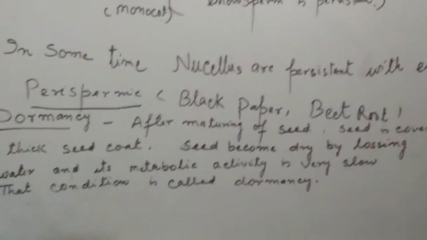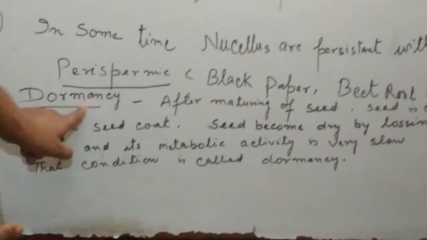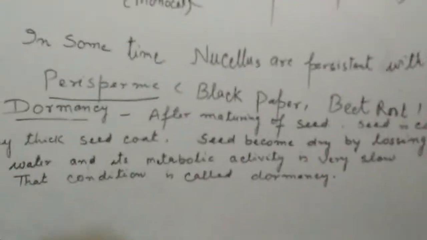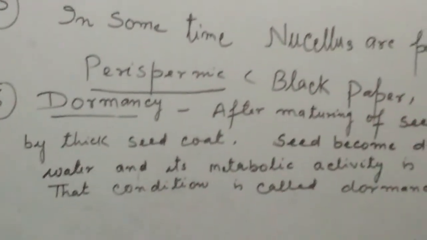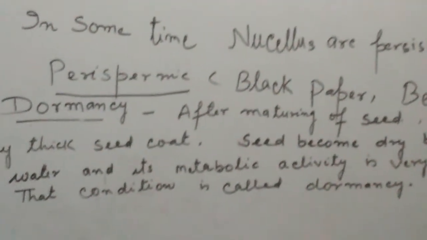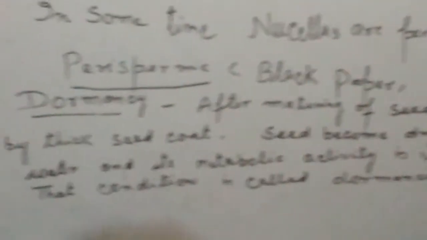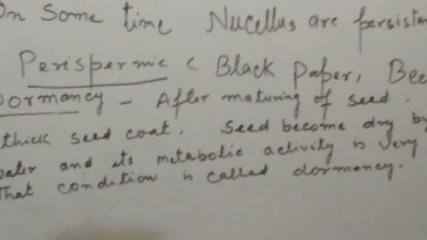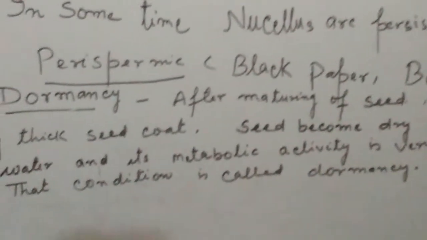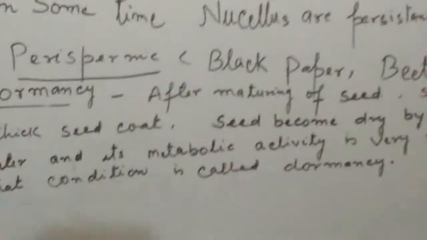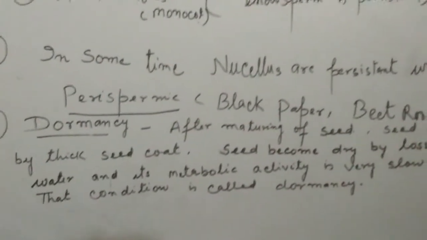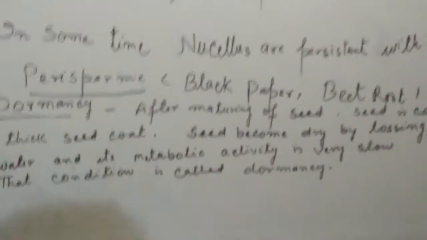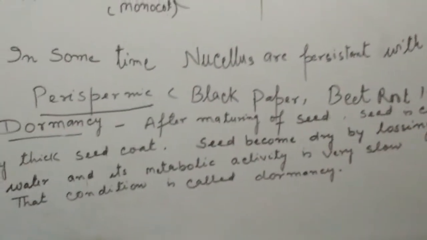So the next point is dormancy. So what is dormancy? Dormancy means after the fertilization of the ovule, it is converted into seed, and the seed is covered by the seed coat. After maturing, the seed loses water and becomes dry.